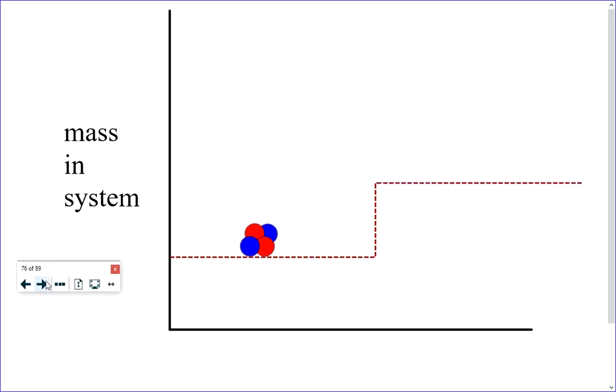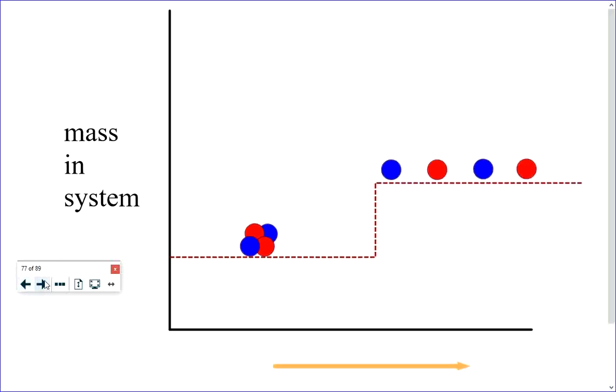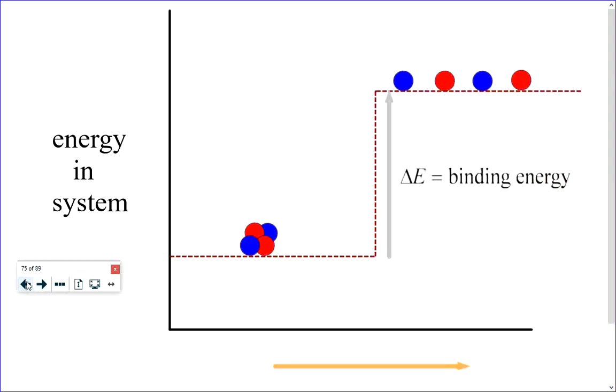And what I'm also saying is, in terms of mass, you'll notice this graph is scaled differently, right? This is a mass graph. This was an energy graph. You don't want to compare the two. In terms of the mass goes up as well. And that mass increase is called the mass defect. So this is a change in mass. This is a change in energy.